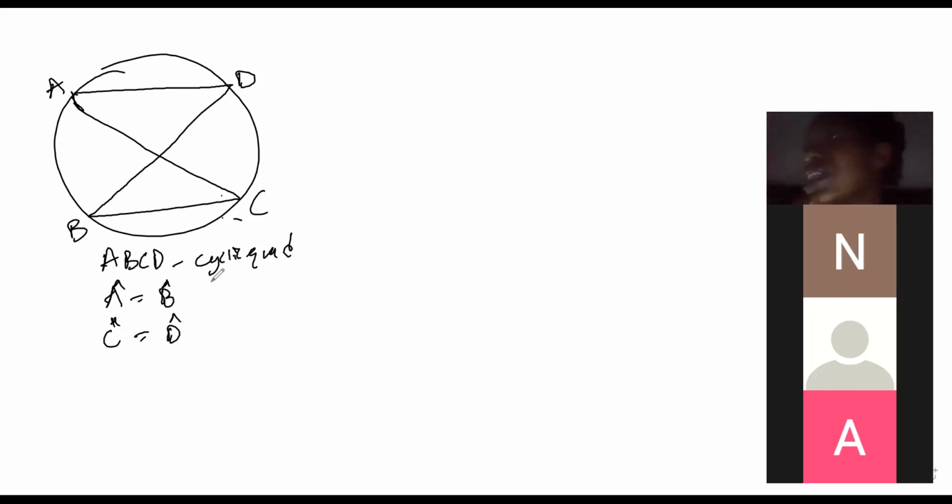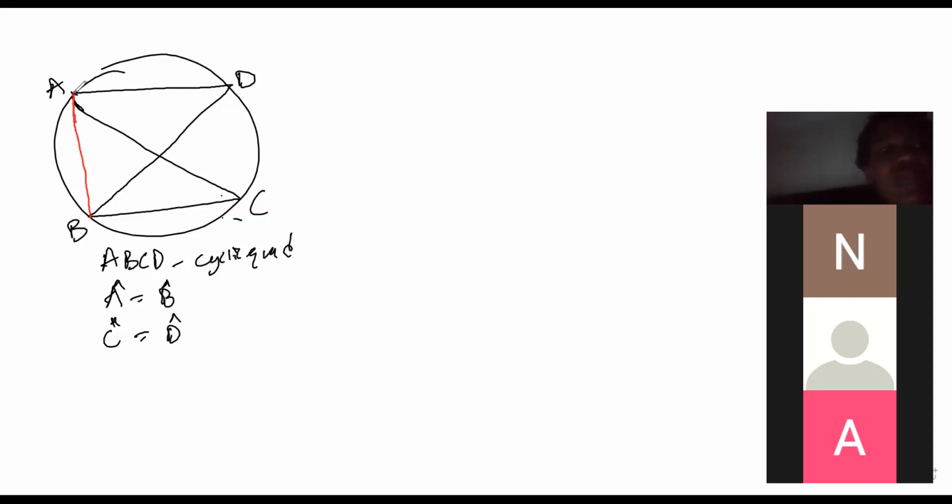The angles subtended. The angles subtended by a chord of the circle on the same side of the chord are equal. Angles subtended by the same chord. Remember, a chord is just a line joining 2 points on the circumference.